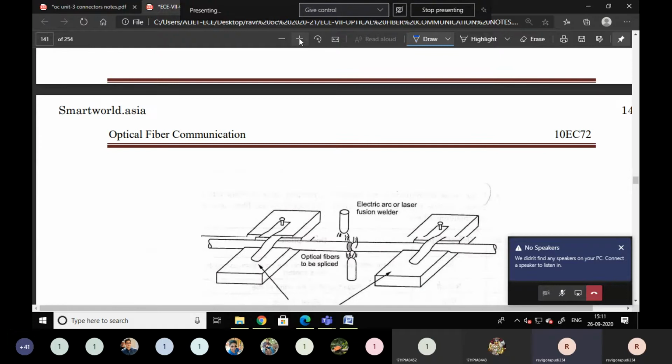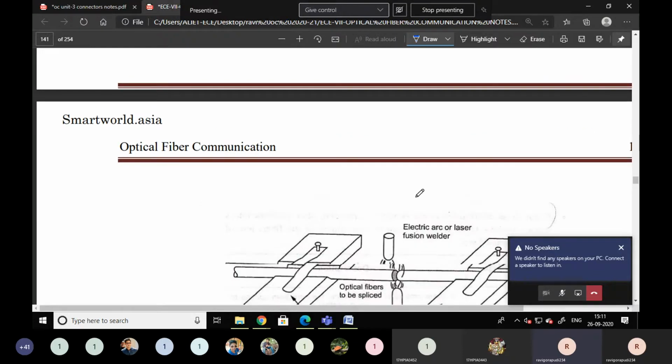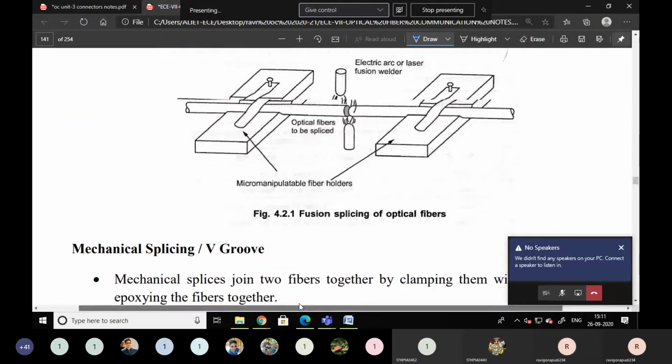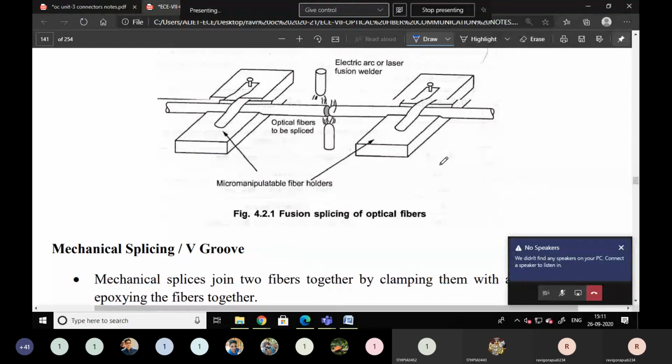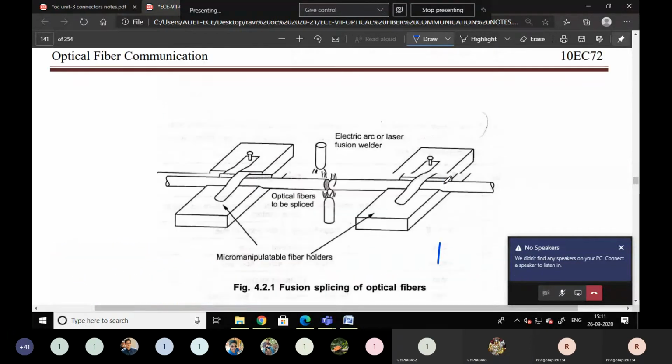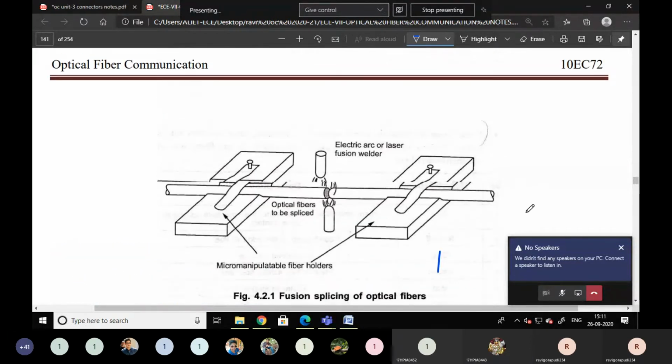Time is less. You can draw now, all of you. Draw this diagram.